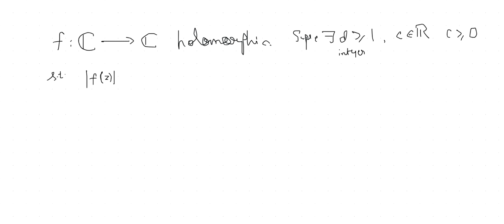C times 1 plus absolute values. Right. Okay.